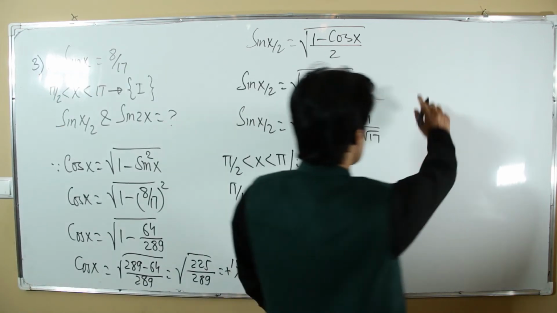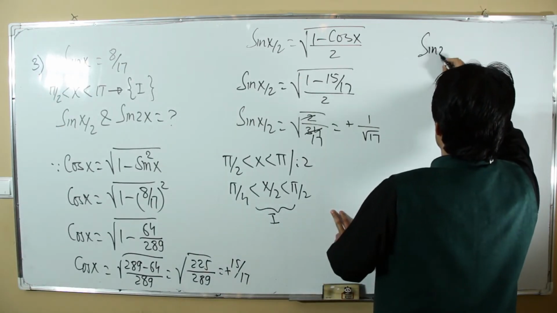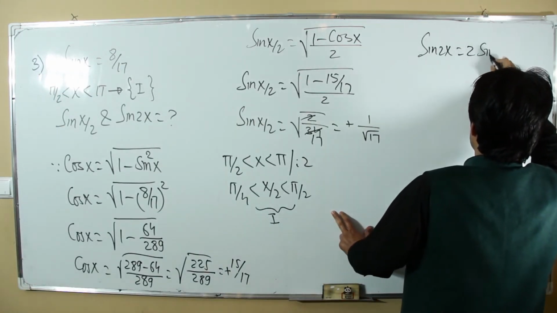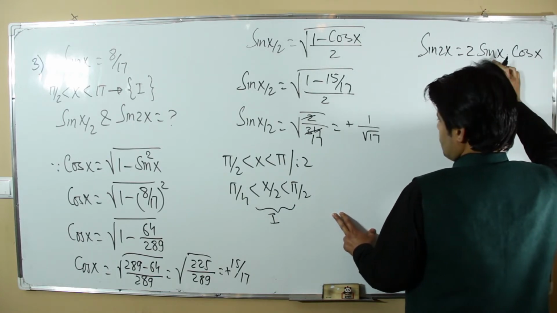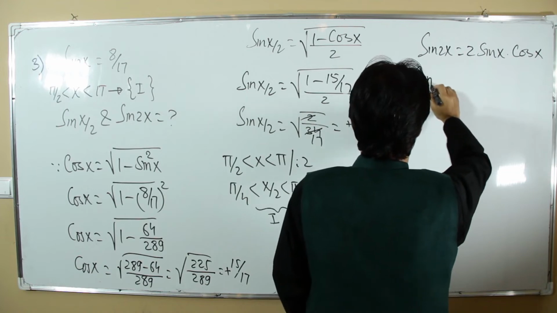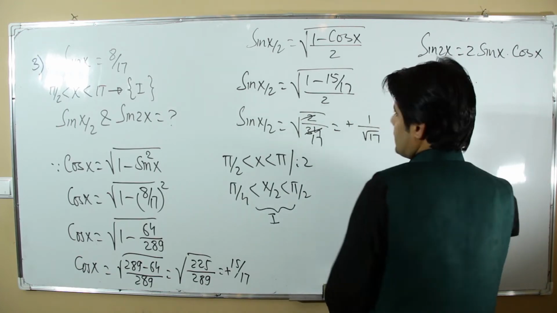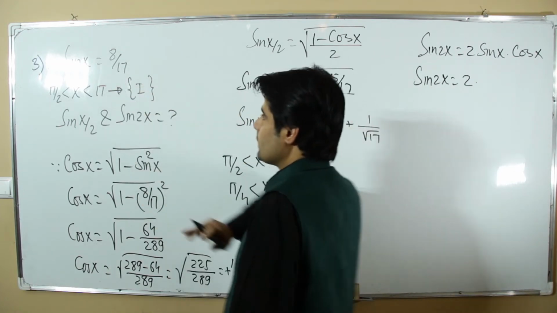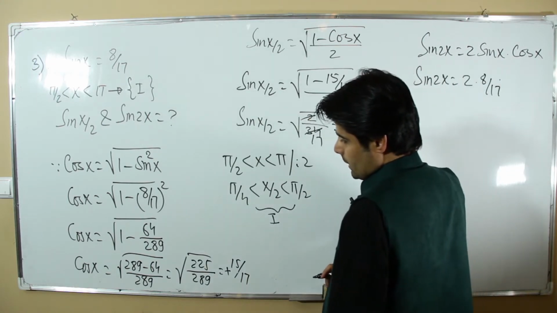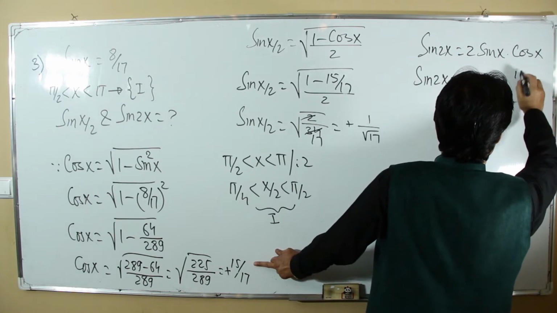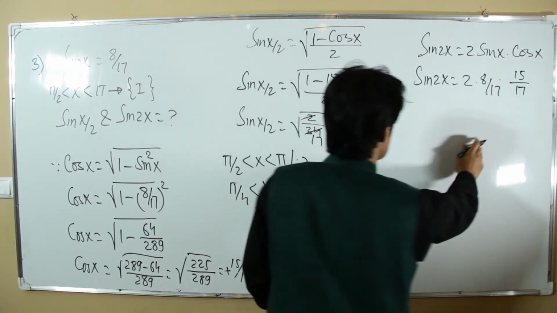Now, what is sine 2x? Sine 2x, I think this one is 2 sine x cosine x. Now, you have cosine x also, you have sine x. So sine 2x is 2, instead of sine x, 8 by 17, times, instead of cosine x, 15 by 17. Am I right? Yes.